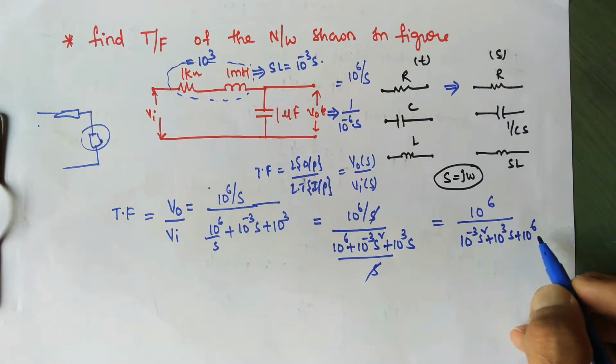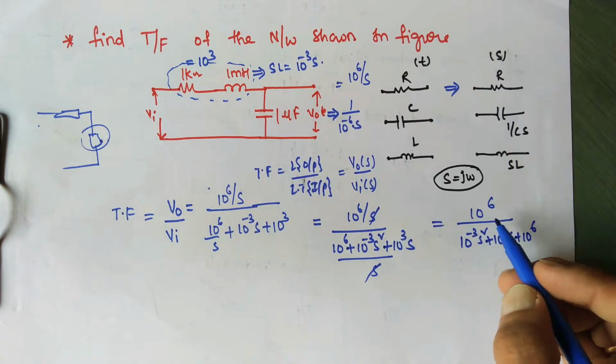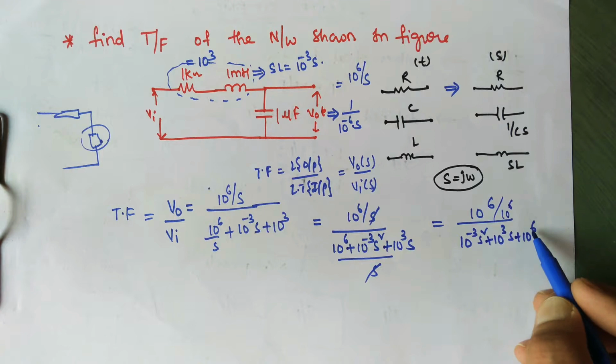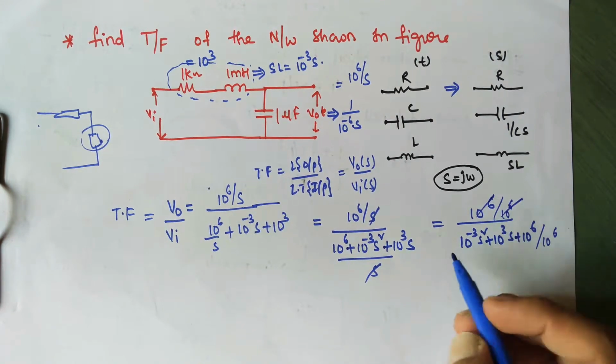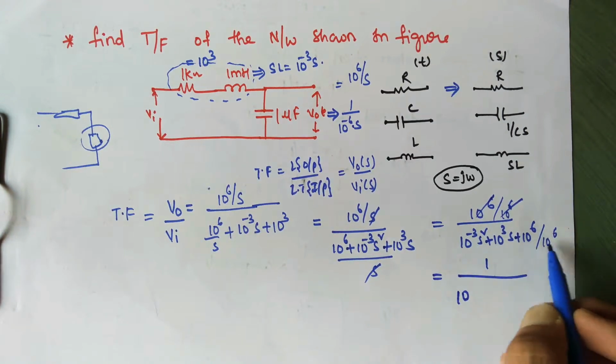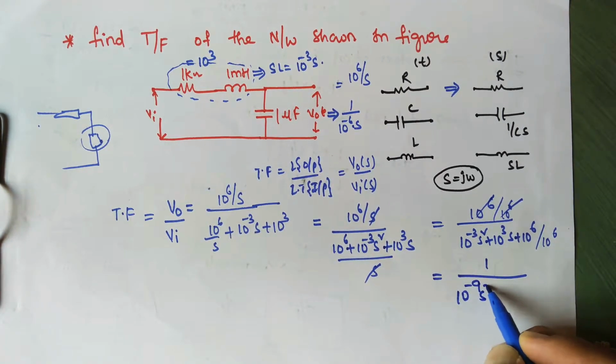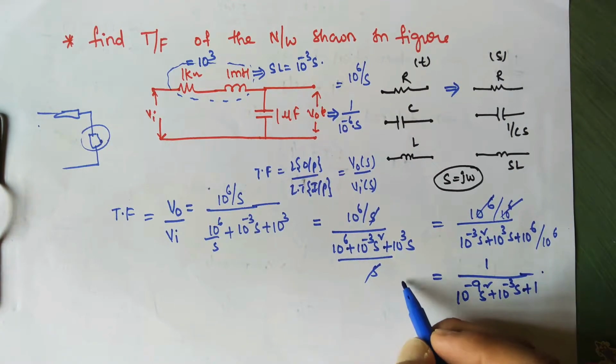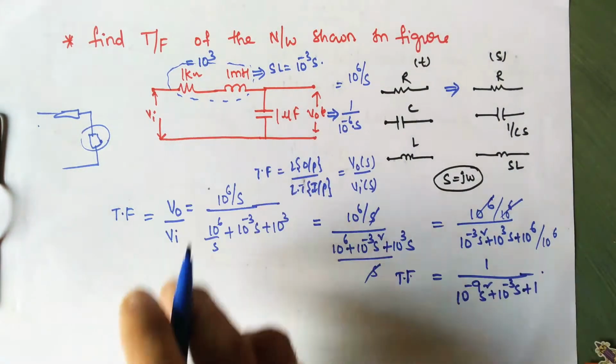Now if you divide by 10 power 6 in both the numerator and denominator, the final answer is 1 by 10 power minus 9 S square plus 10 power minus 3 S plus 1. So this is the transfer function of the given electrical network.